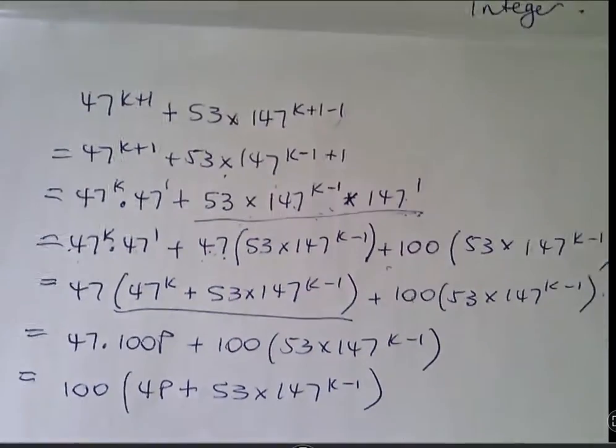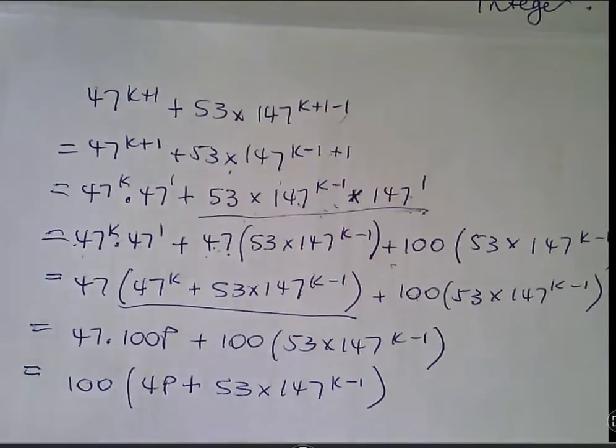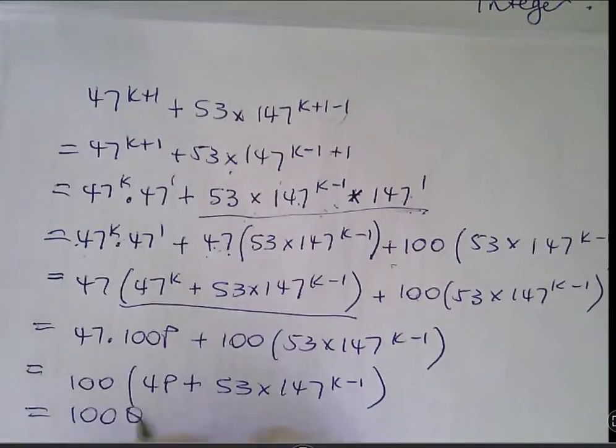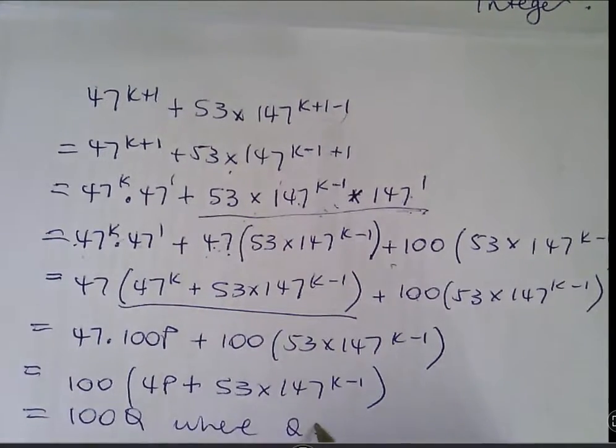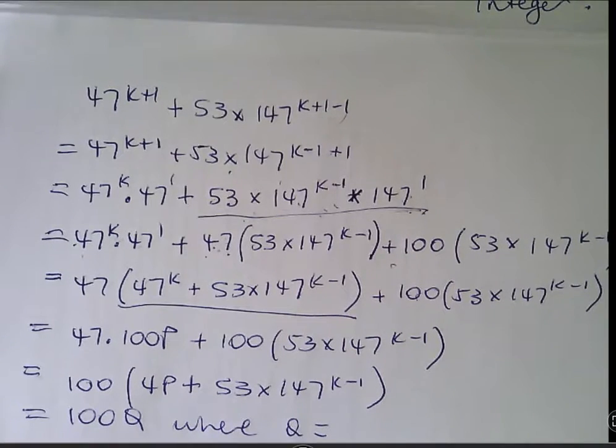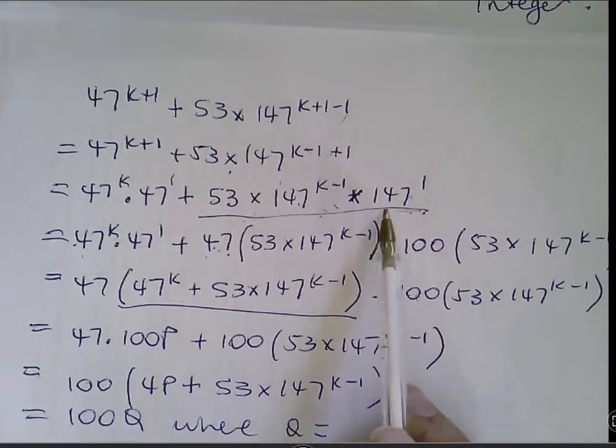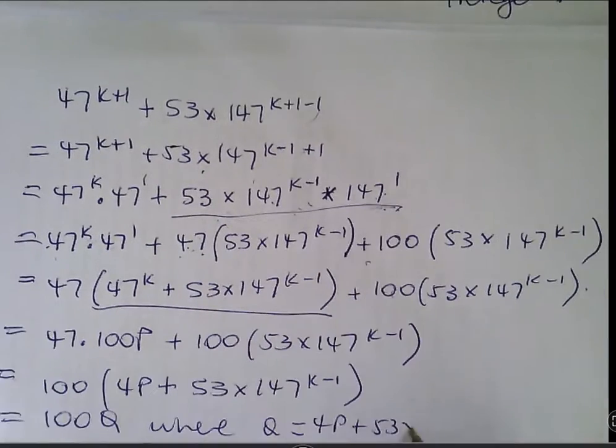That is exactly what we had before, which equals 100q, where q equals that bit. They've broken, see this that I've underlined? So you can finish this off and write the conclusion.